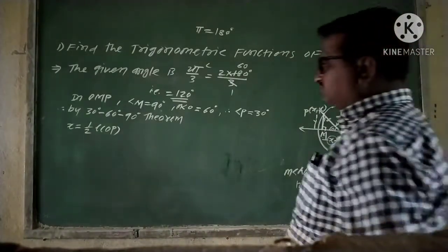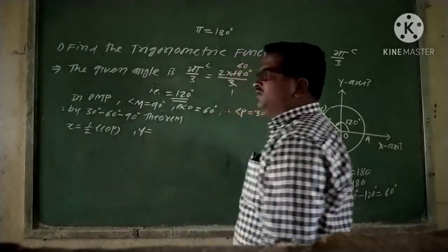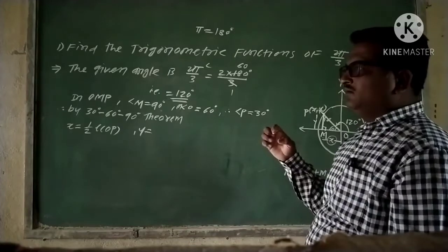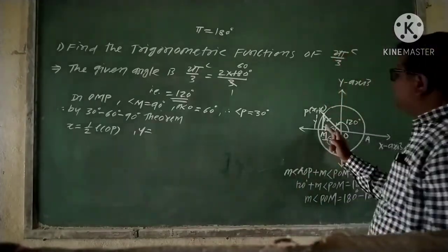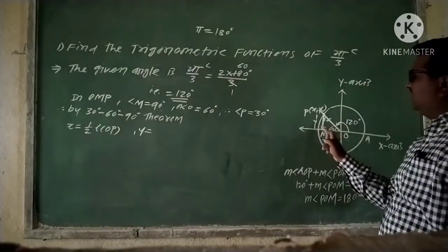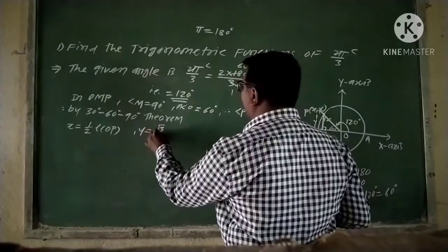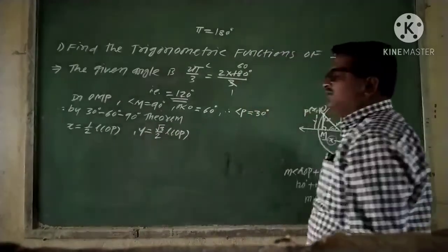Now here, y is equal to the length of the side opposite to the angle of measure 60 degrees, which is square root 3 divided by 2 times the length of the hypotenuse.